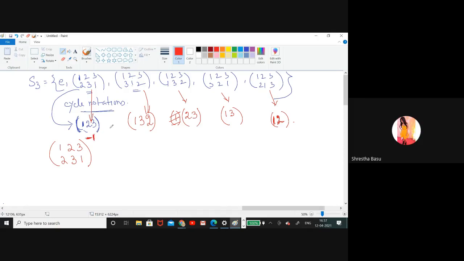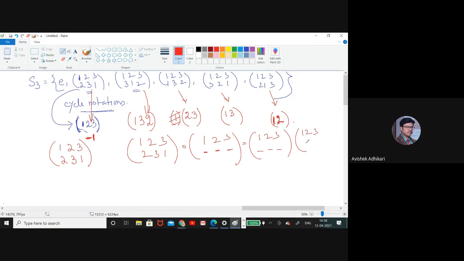So the idea here is to find some element, another permutation, such that if I have this 1, 2, 3, 2, 3, 1, composition of that permutation, something that I don't know, that we are going to find, that unknown, into 1, 2, 3, 2, 3, 1 should be equal to the identity element. What is the identity element here?